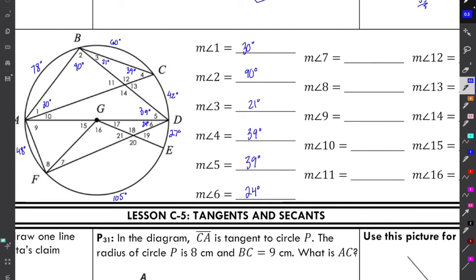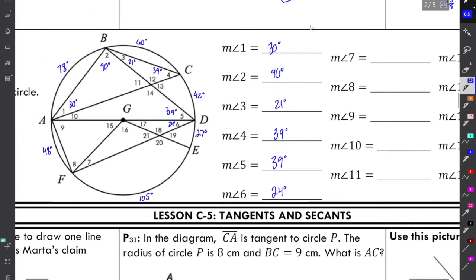Now, angle 8. What I noticed is that I need either angle 7 or angle 8. First thing I do notice is that 8 and 7 together are a right angle because that whole angle together intercepts AD. Now, let's see if we can get 9. If I can get 9, it might make 8 a little bit easier. I'm not going to worry about the list right now.